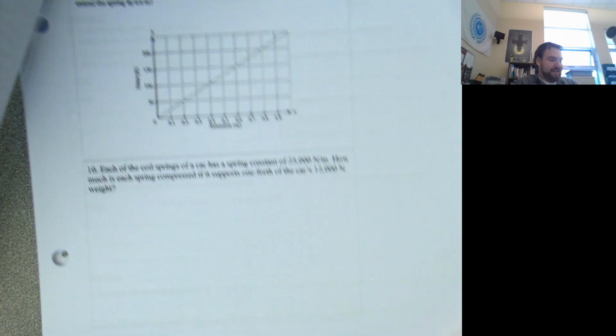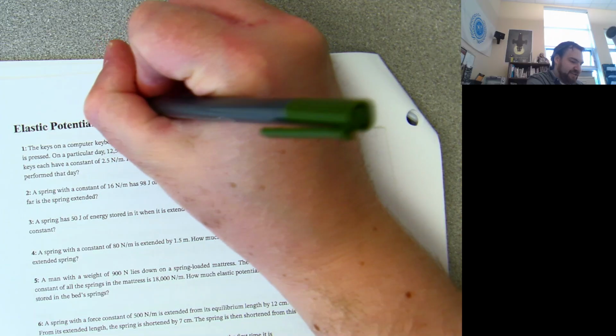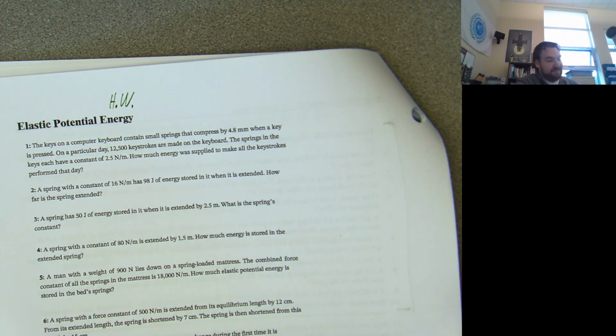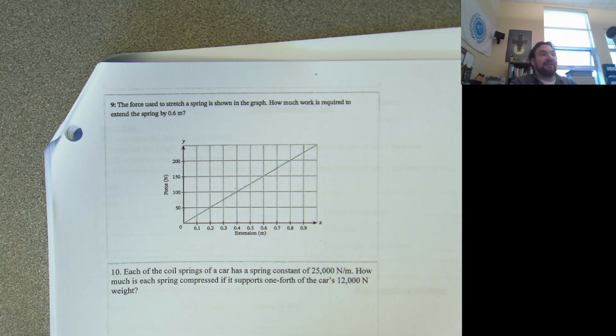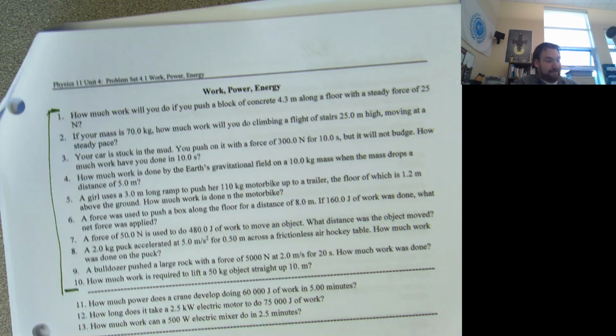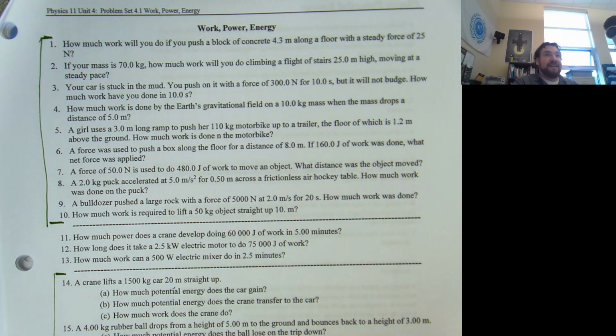Some of them are really easy. And then I want you to take a look at this elastic potential energy page as well. I'm giving you basically an hour to do it, and lots of these are really simple calculations. And that's it. So take a look at these things. I'll help where needed. Let me know what I can do.